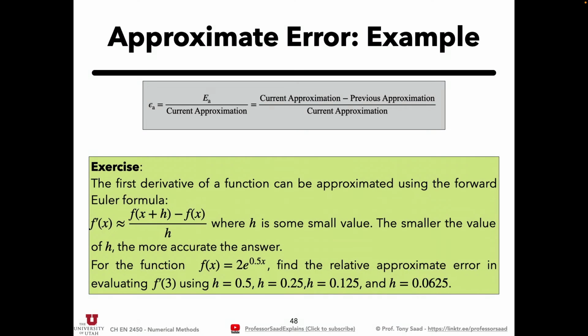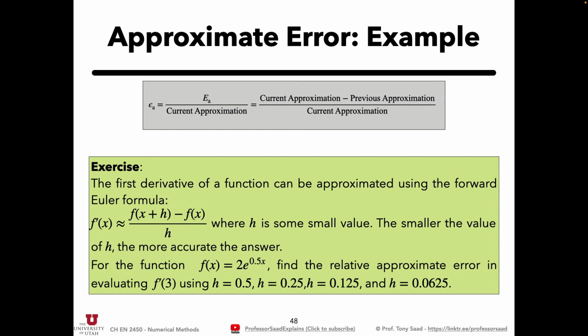I'm going to introduce the terminology for that formula, and that formula is called the forward Euler formula. Has anyone heard of that? Yeah, forward Euler formula. Okay, if this is the first time you hear about it, it's the forward Euler formula because it's taking f at x plus h minus f at x, over h. We're going to come back to that once we hit ordinary differential equations later on.